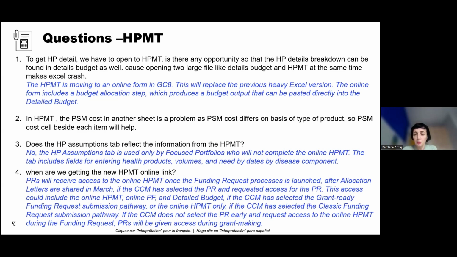So there are some questions that are a bit similar with each other. I just will give the context because there was one explaining the expected advantages and some concerns about the internet connectivity. So the online HPMT has been developed and tested internally multiple times with inputs from subject matter experts across the Global Fund.